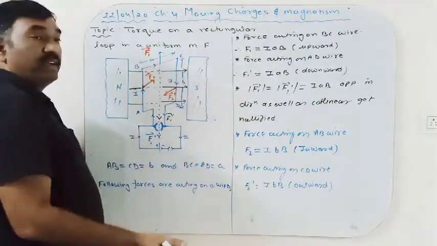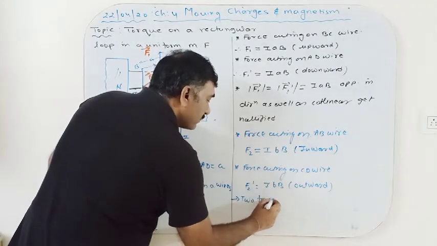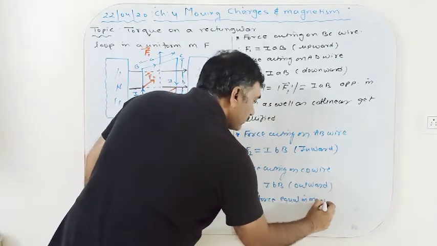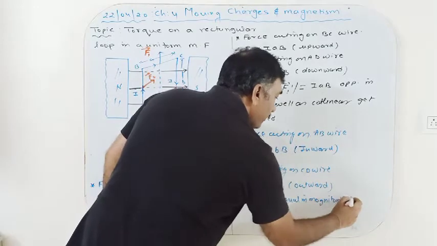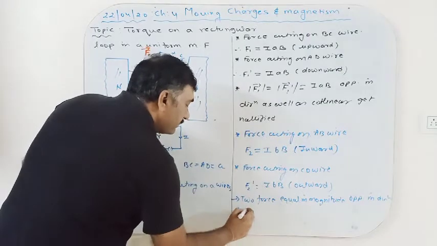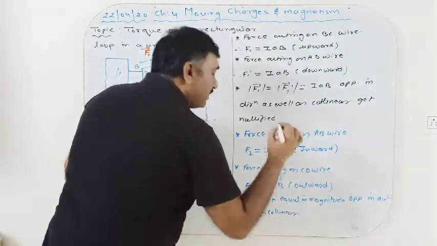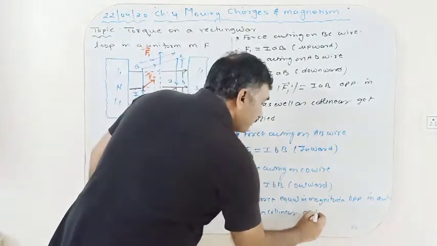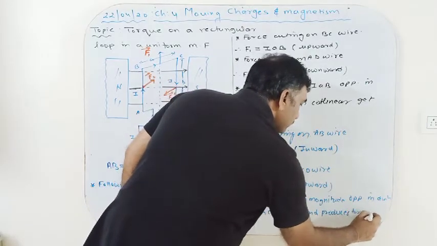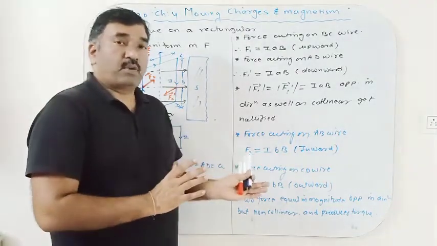So here also the two forces are equal in magnitude, opposite in direction, but non-collinear, and they produce torque. In the next part of the video we are going to learn how the torque acts on this.